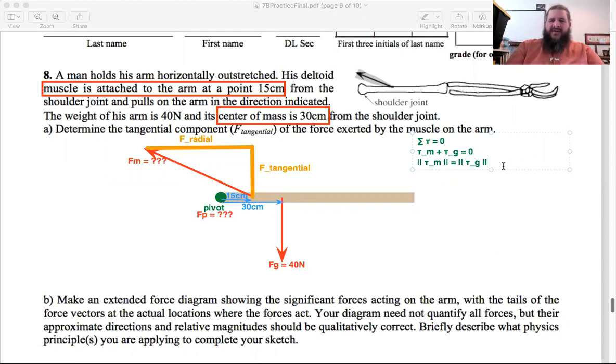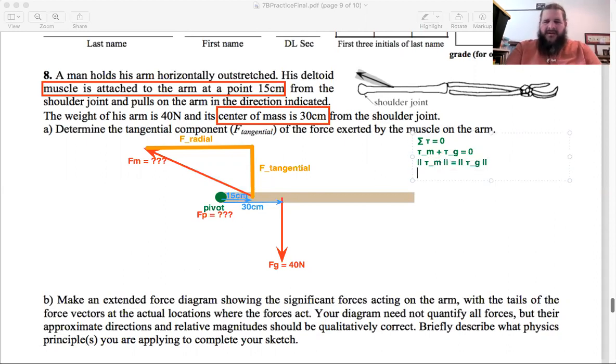And how would we write out each of those torques as a formula? Yeah, we could use R F sine theta, or alternatively, you could combine F sine theta to get what? Because I'm noticing we don't have any angles given here, so it would be better if we could not have to worry about the angles.